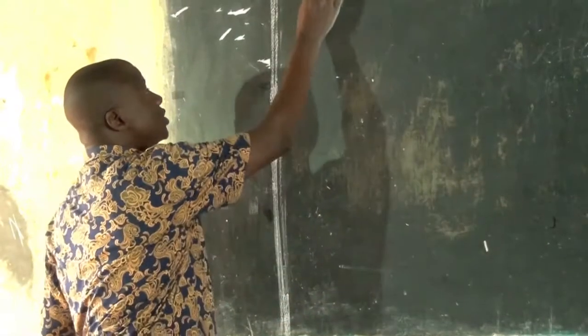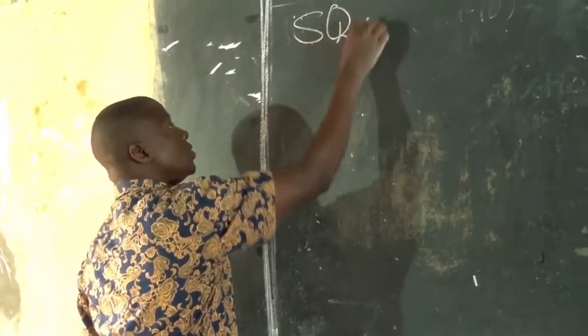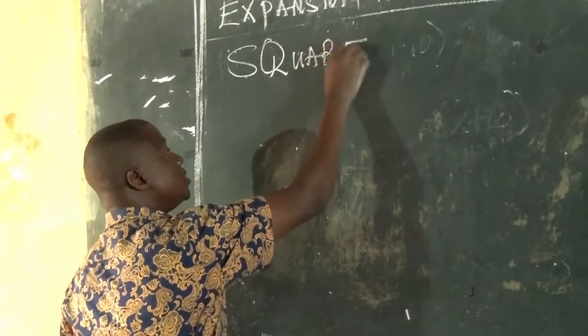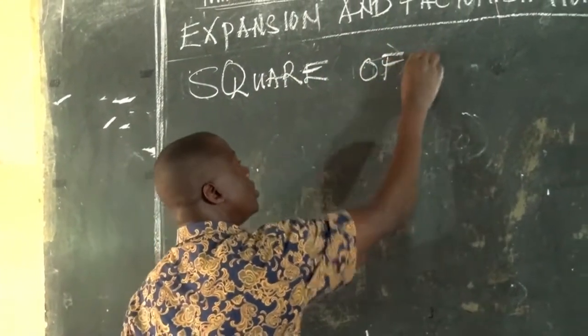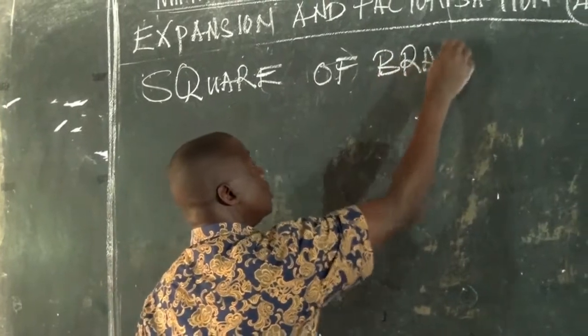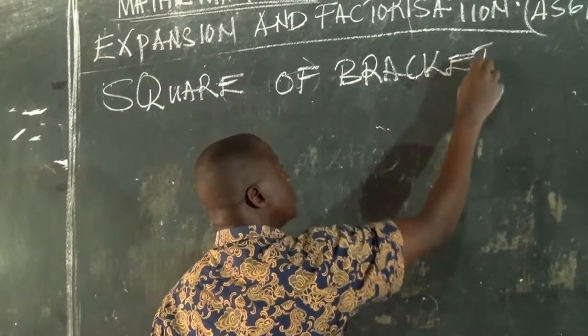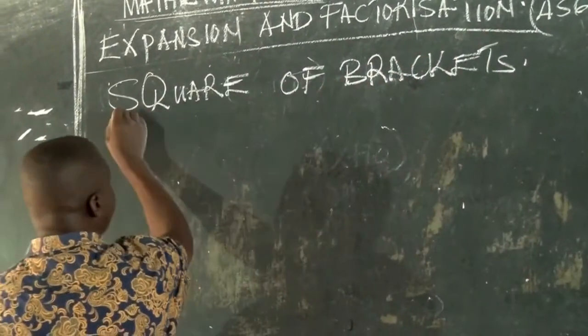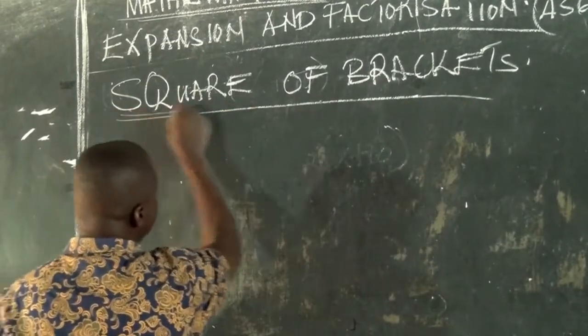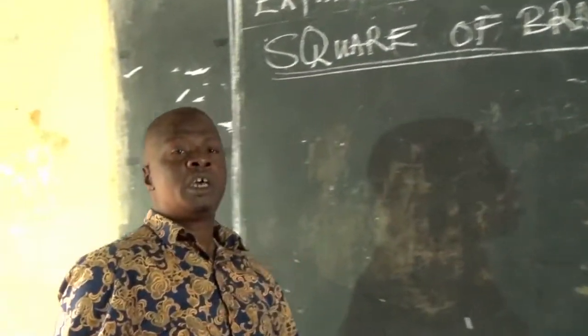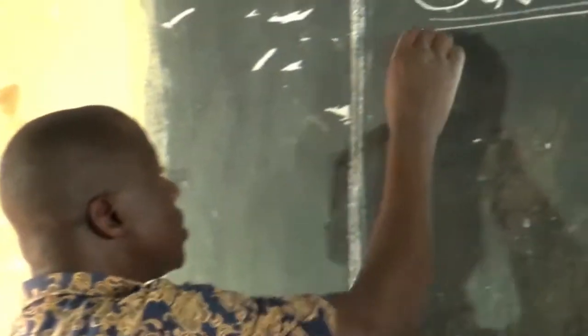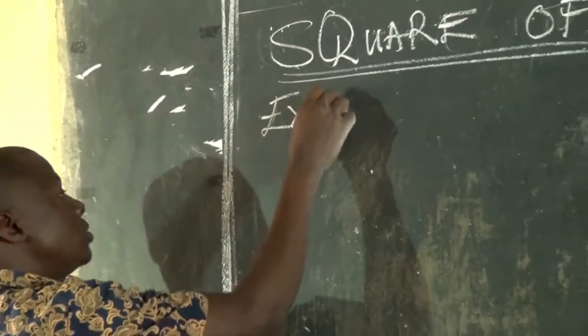Let us look at the square of brackets. This is also under expansion. Let's look at an example.